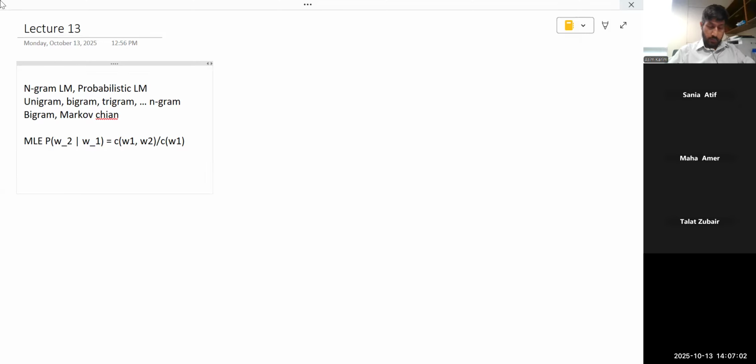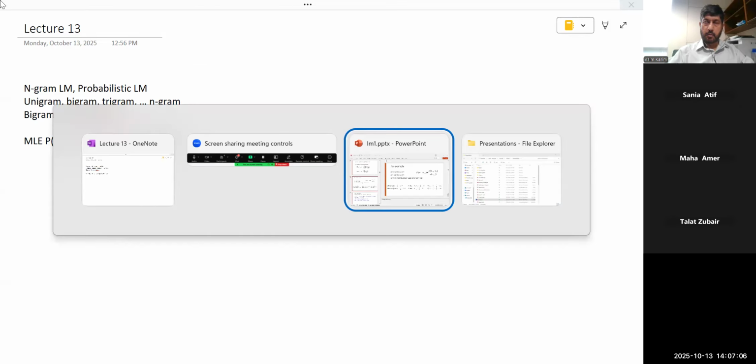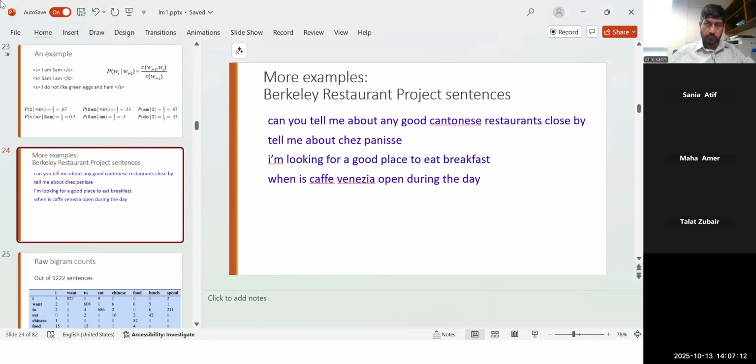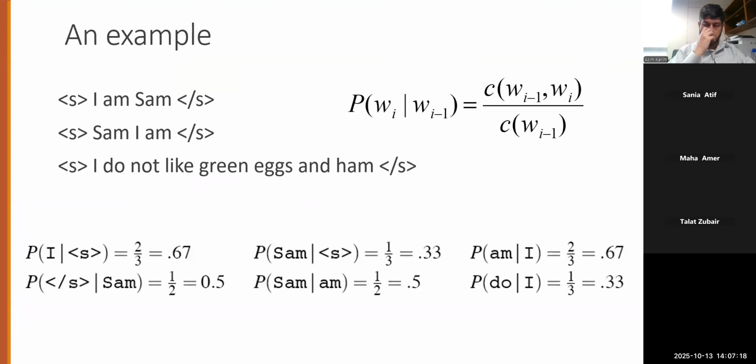So let me go to the slides. This is a very small example, just to illustrate how this probability is estimated.